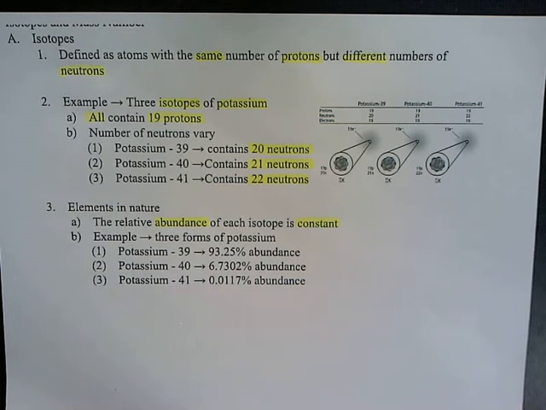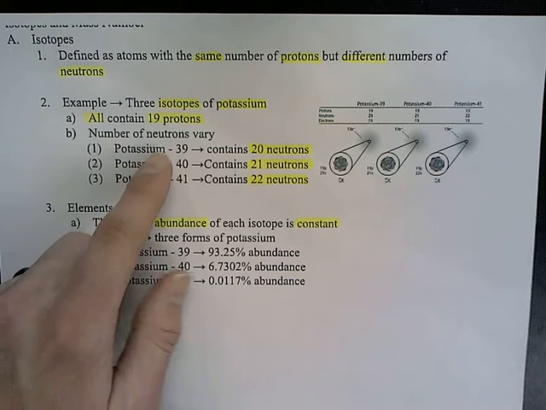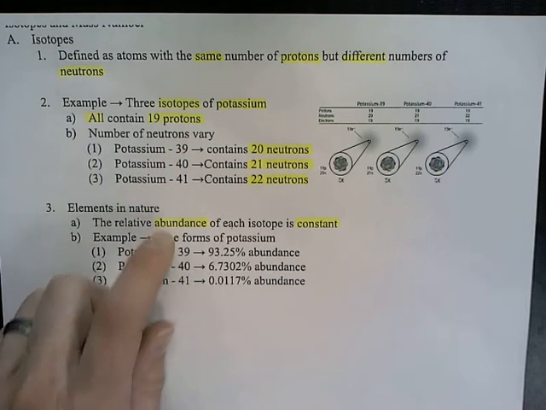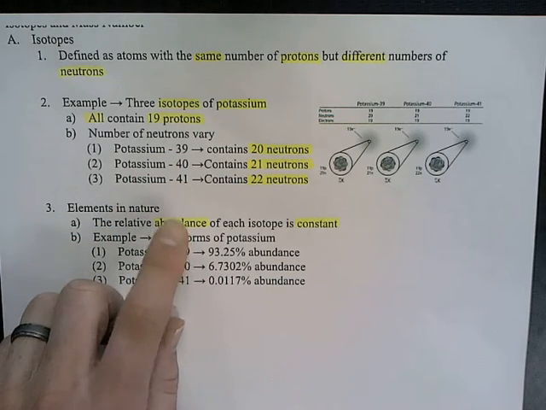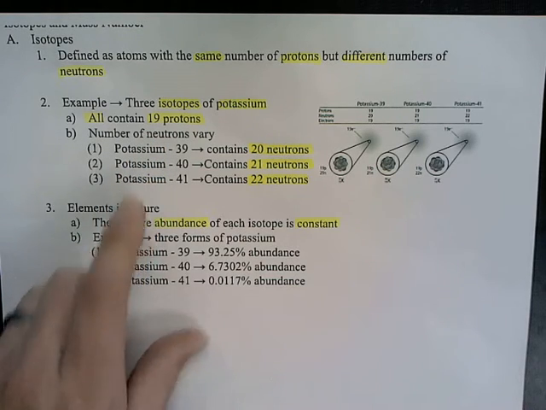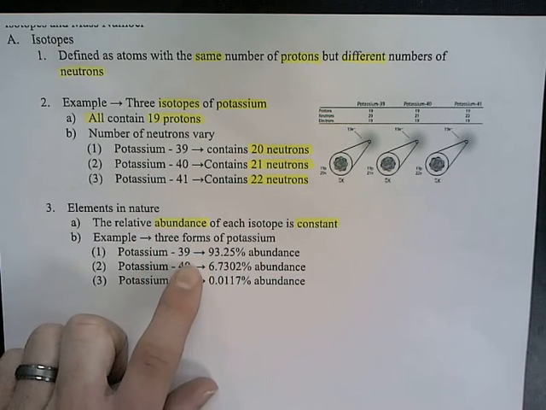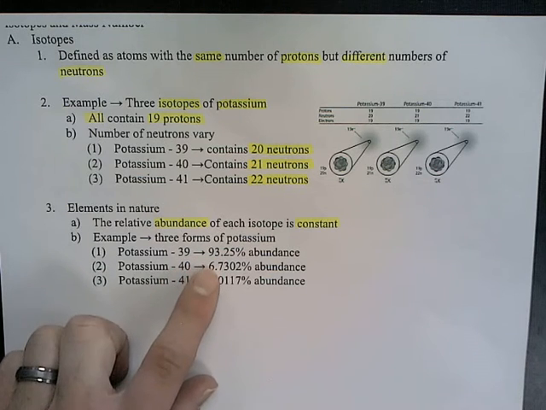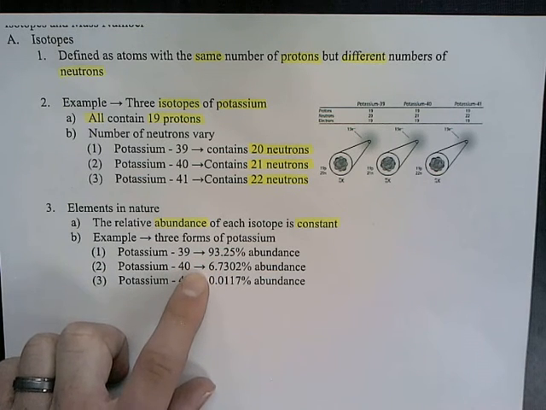Now, the next thing you may be wondering is, how do they get that decimal number? Well, they take the isotope mass and they take the relative abundance. So these 3 isotopes are not equal in nature. They have different percent abundance, or different percent that is in the universe.